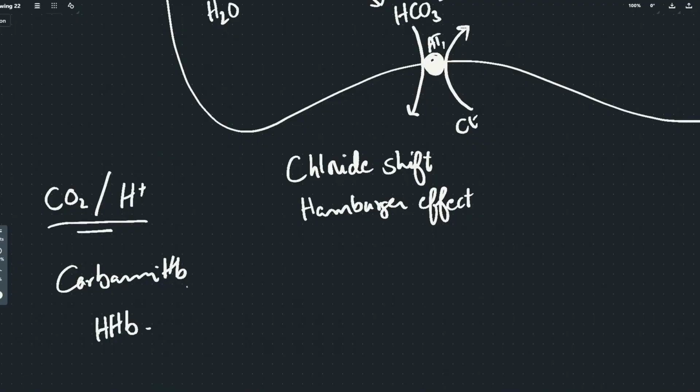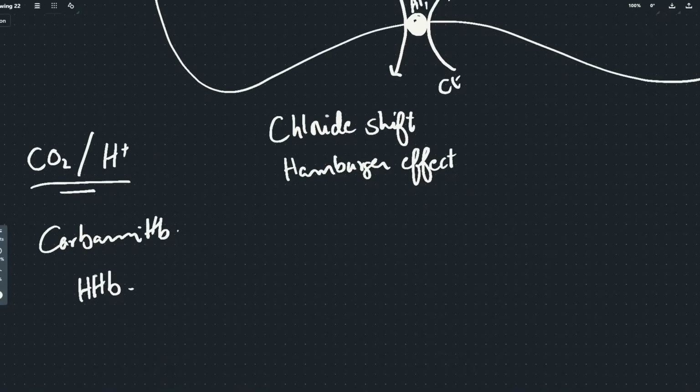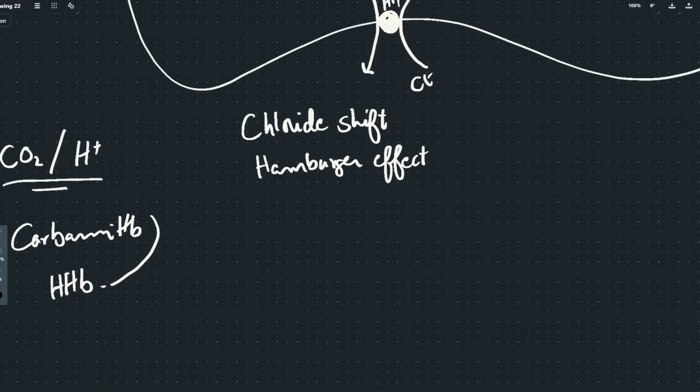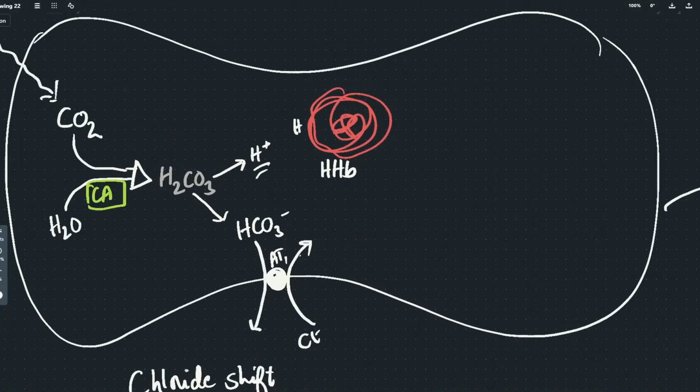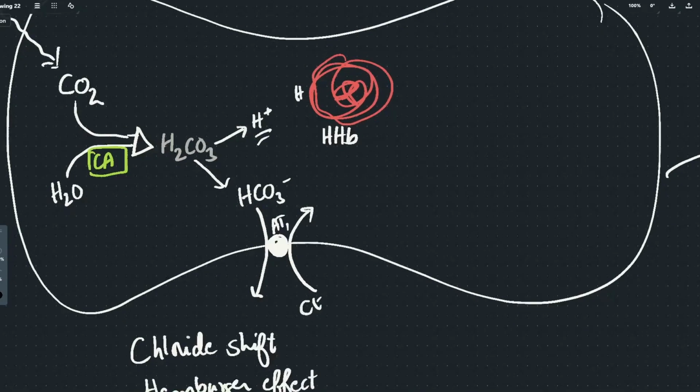In both cases, what will happen is that the affinity of hemoglobin for oxygen decreases. What I mean by this is that if hemoglobin binds with CO2 or proton, it loves to release oxygen. Oxygen will be released. Its affinity for oxygen will decrease.